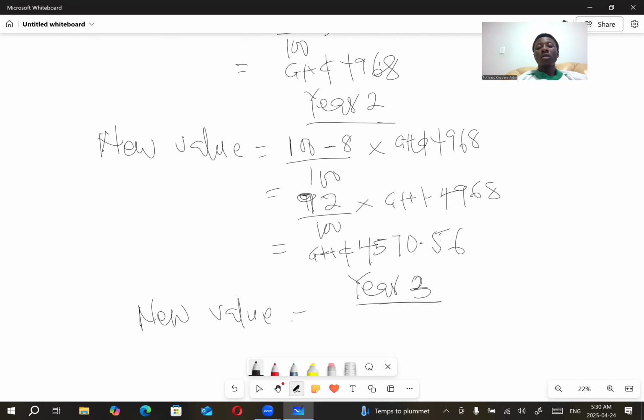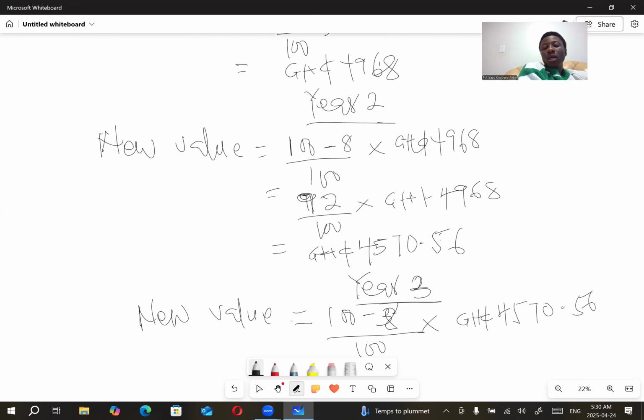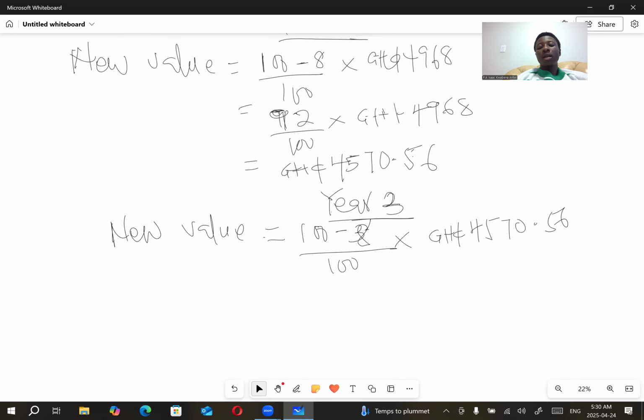New value equals 100 minus 8, that 8%, all over 100 times the new value, which is 4,570.56. They said they're interested in knowing after year 3.